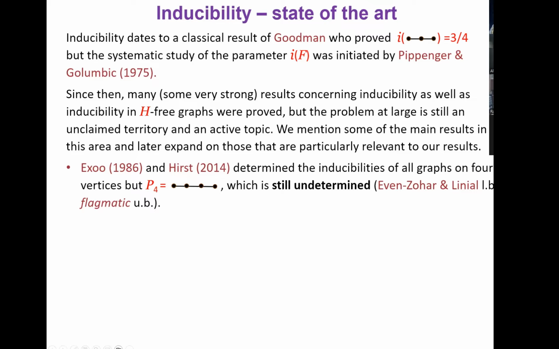Well, here it becomes a bit difficult. The current state of the art is that we know the inducibility of almost all graphs on 4 vertices, except for one. This innocent-looking graph, P4, the path on 3 edges. We still don't know what the inducibility of this is. There are some upper bounds and lower bounds, not very far from each other, but it's still an open problem.